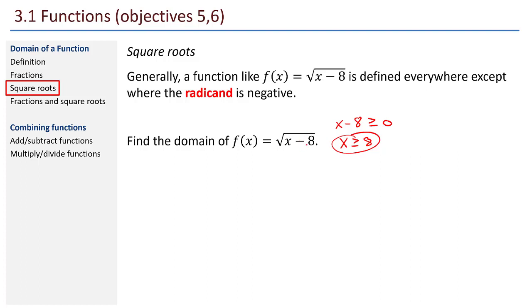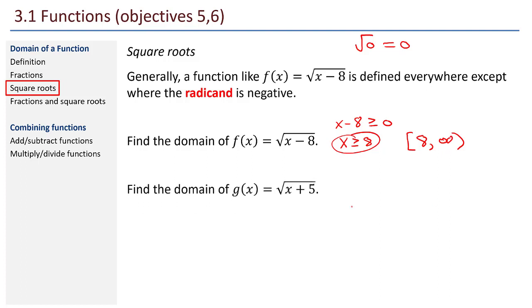Sometimes students forget that 0 is okay under the square root sign. The square root of 0 is a perfectly good number. It just equals 0. So I can express this as 8 up to infinity. I use a bracket on the left because 8 is included, and then infinity always gets a parenthesis.